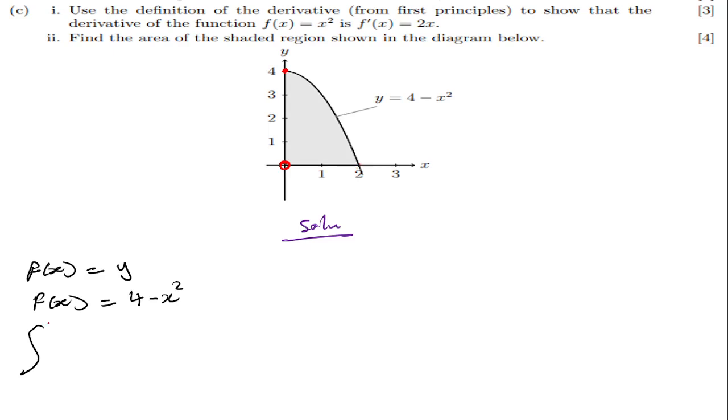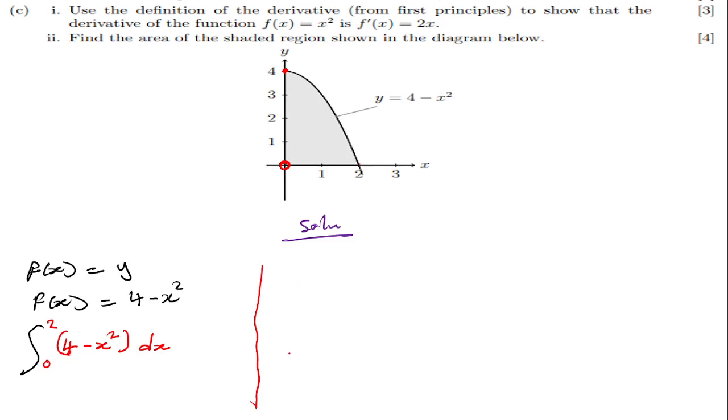So you put a 2 on top and a 0 down there. Then you're going to write that function inside brackets, (4 minus x squared) dx. Just like that. Writing this part here carries 1 mark.